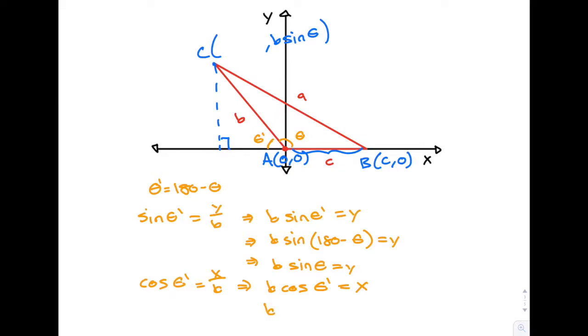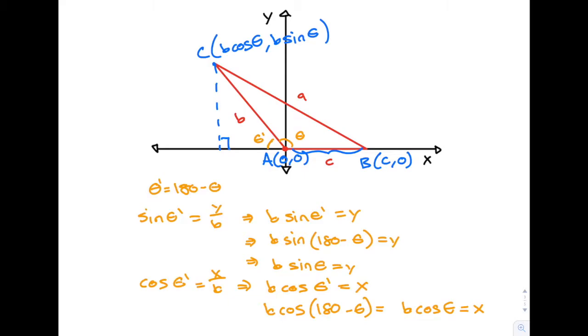So we could say that b cosine of 180 minus theta is the negative b cosine theta, which equals x. And lastly, since the angle theta already brings us into the second quadrant, we don't need this negative sign. So that leaves us with just b cosine theta.